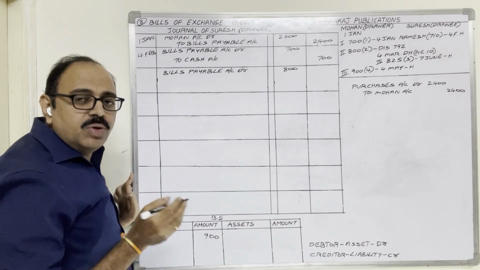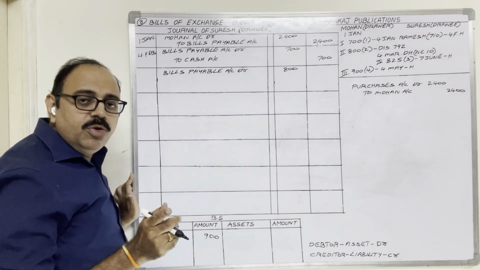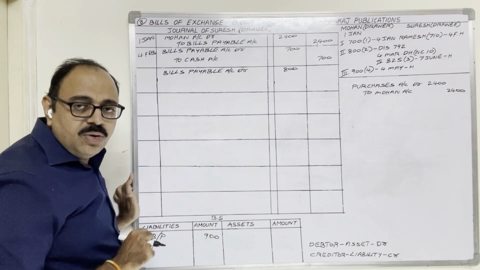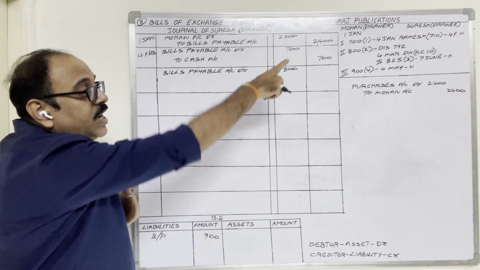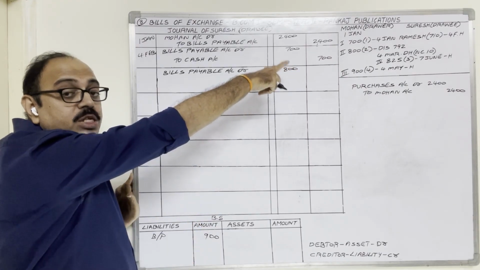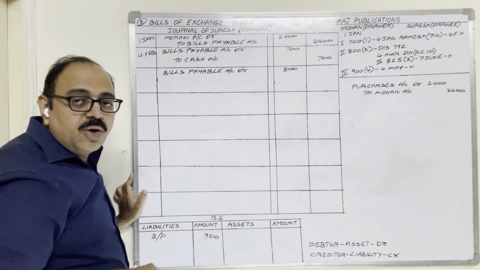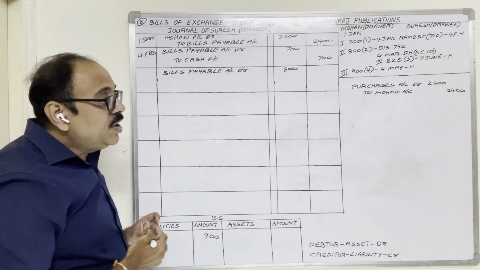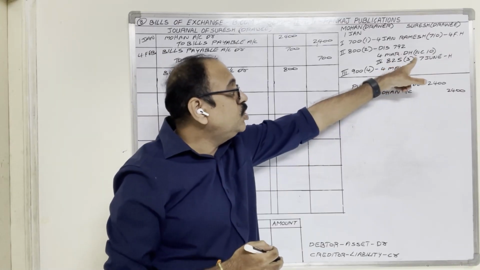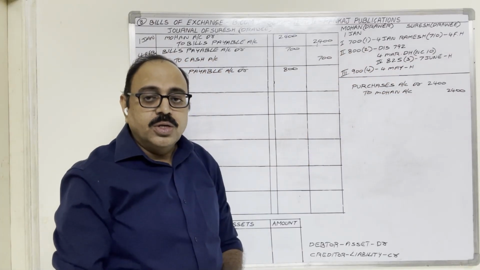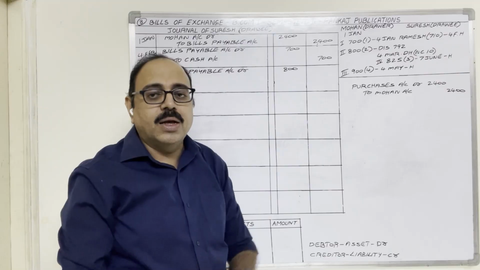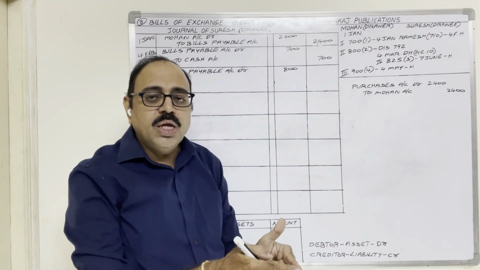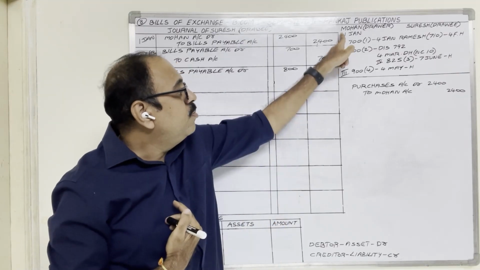Mohan is not going to leave us like that. Again we have to pay this money to Mohan in future. So again for this second bill amount of 800, Mohan is becoming a creditor. Not only for that 800, for noting charges of 10 rupees also Mohan is becoming a creditor. Noting charges are paid by the bank. The bank demands that noting charges money from Mohan.